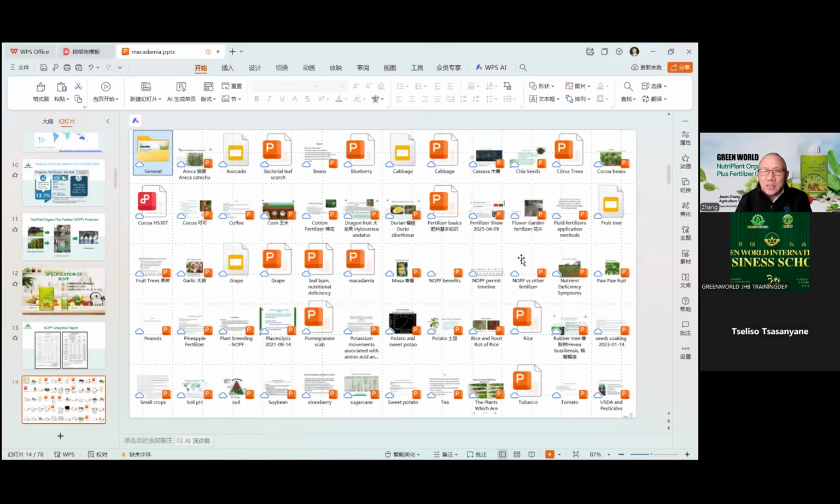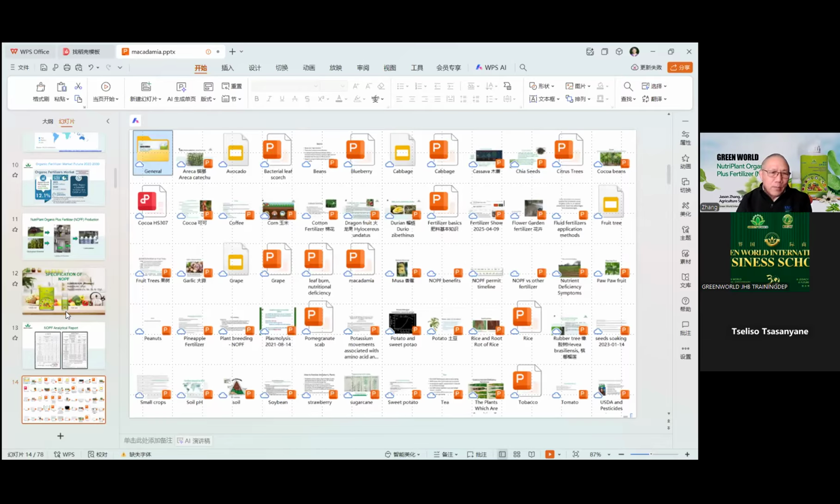The key is we need to understand the soil, the fertilizer, and your plants, and use your knowledge to find the best way to use NOPF, how to use other organic material, and how to combine with NPK, to make your yield high.